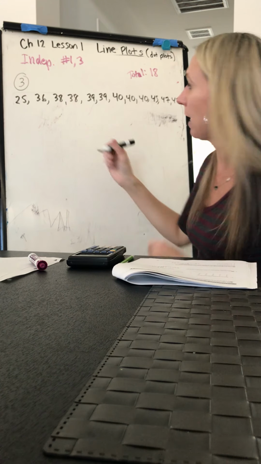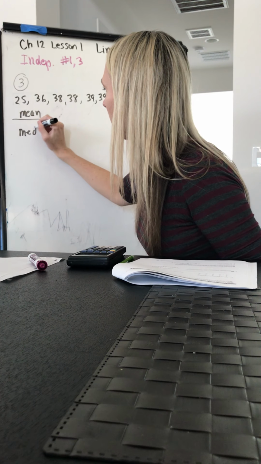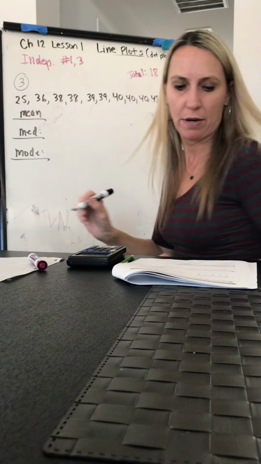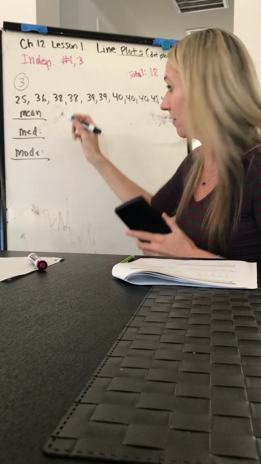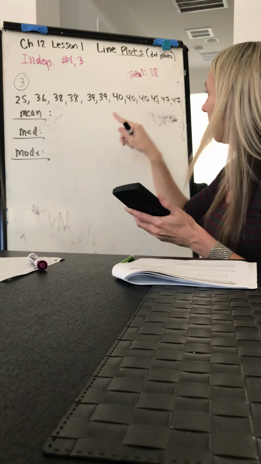Okay, so now we're going to find the mean, median, and the mode. The one that takes the longest should be the mean, because we have to add all these up and then divide by how many there are. So Bentley, count up how many there are.